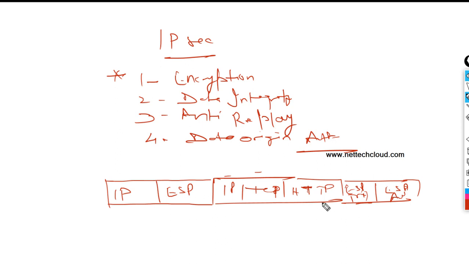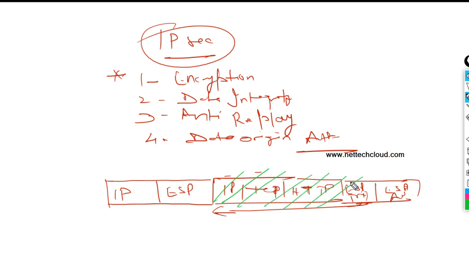If you have an understanding of the IPsec framework, this IETF standard framework, and you know about encryption, data integrity, and anti-replay, I hope you understand that this portion is encrypted, right?